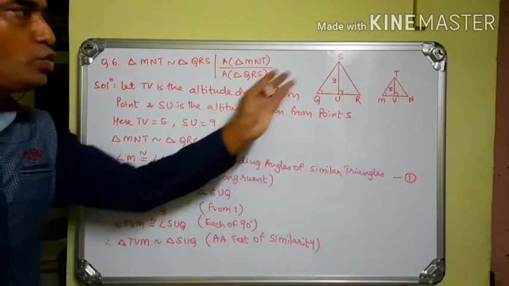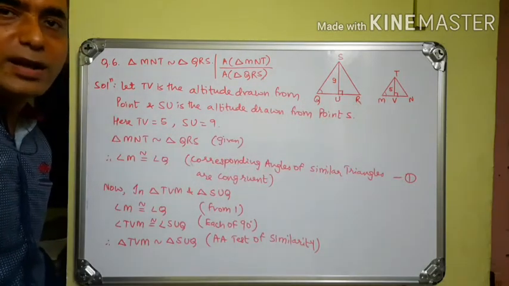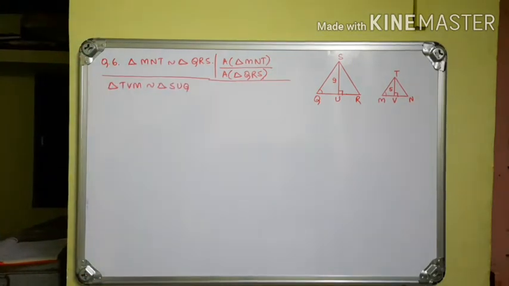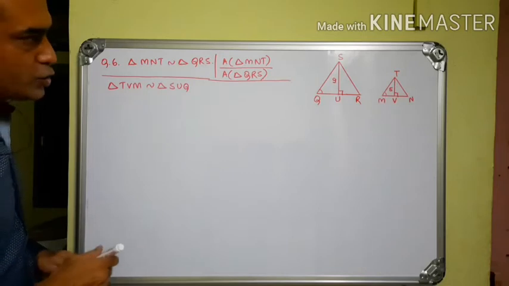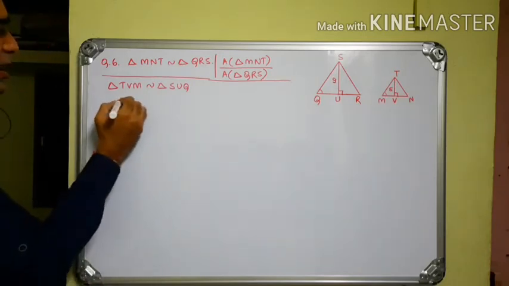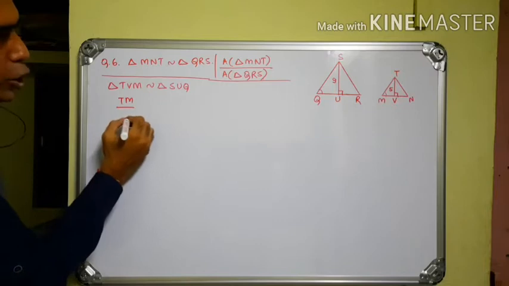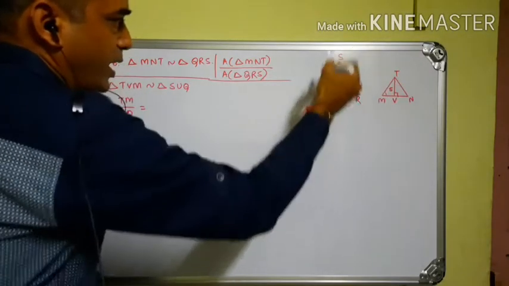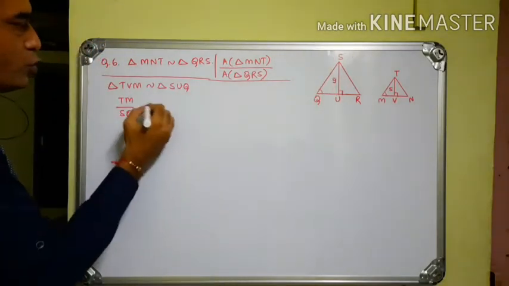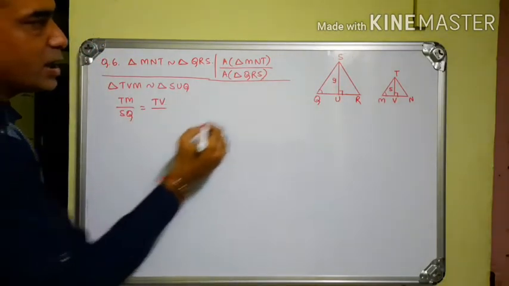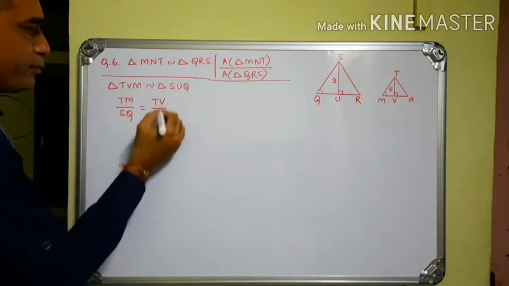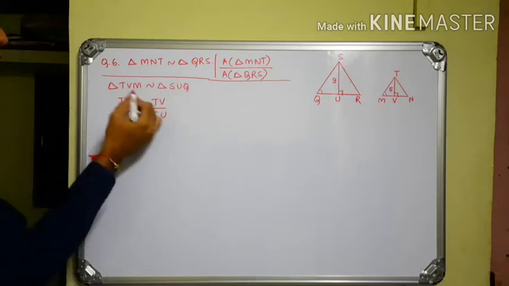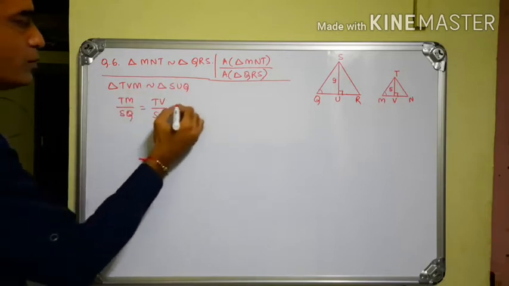And when two triangles are similar, their corresponding sides are proportional. So triangles are similar, so we can write TM upon SQ. These are the corresponding sides, TM and SQ. These are equal to TV upon SU because these are the corresponding sides. TM upon SQ equals TV upon SU.